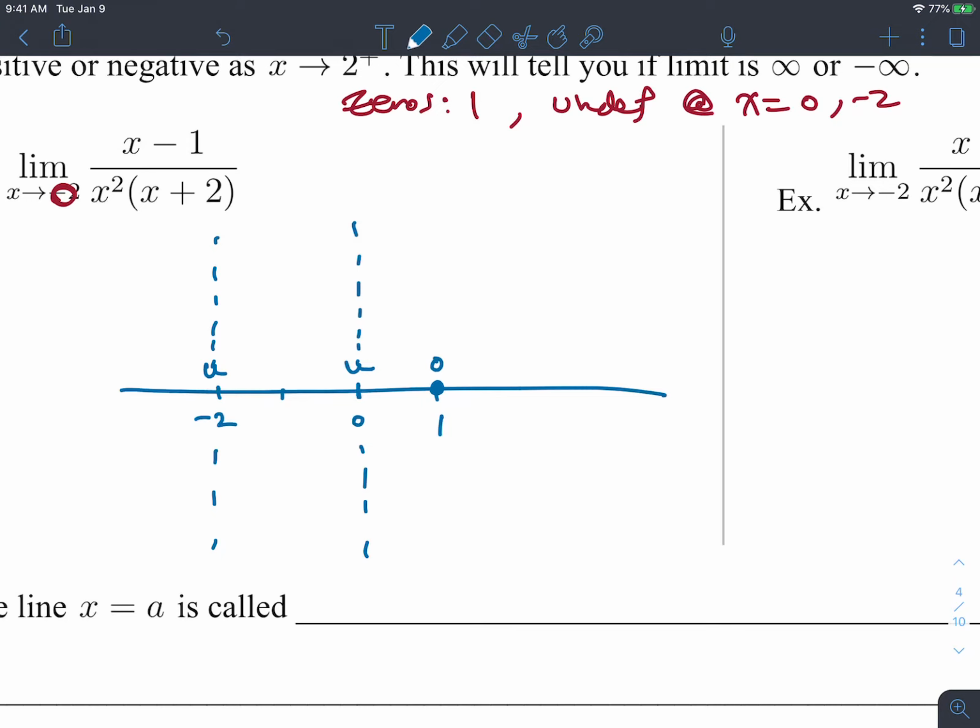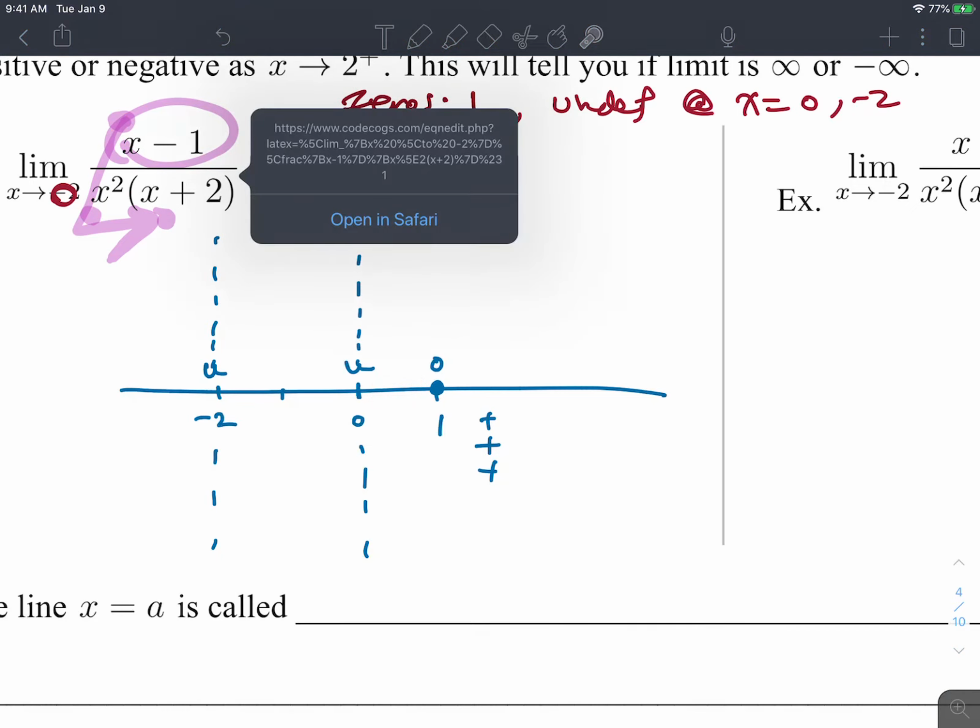So what happens when you plug in a value in this region? Pick a number, any number. Let's say 2. Plug it in over here, what do you get? Positive, and a positive. I'm going to go in that order, guys. So that's a positive. If I decide to plug in a value here, let's say half, that's going to be negative, positive.